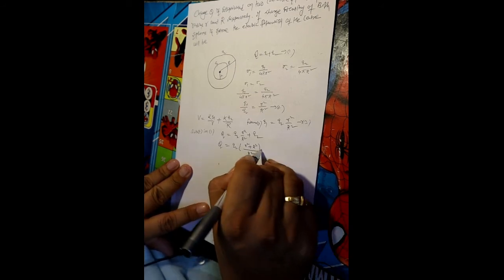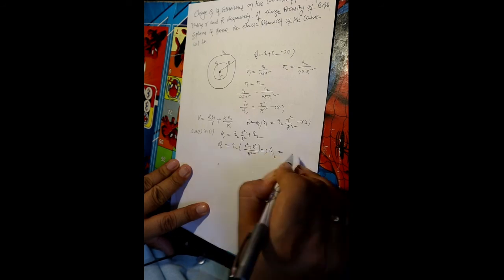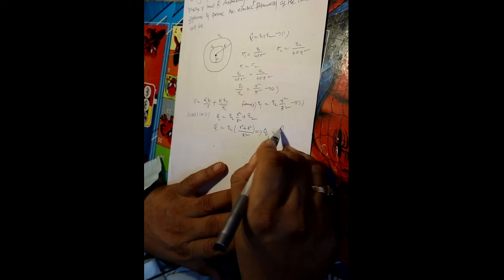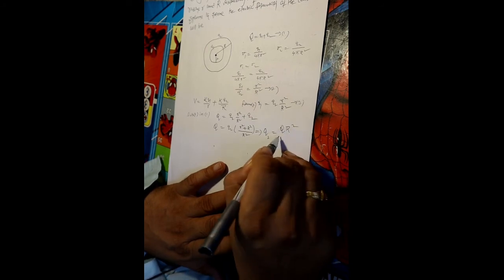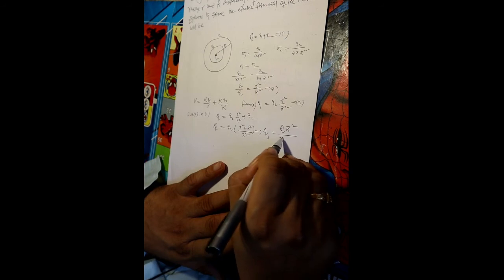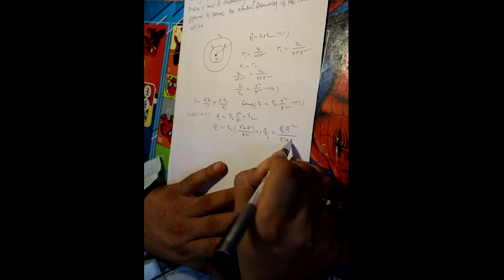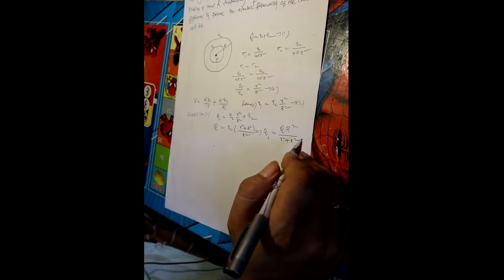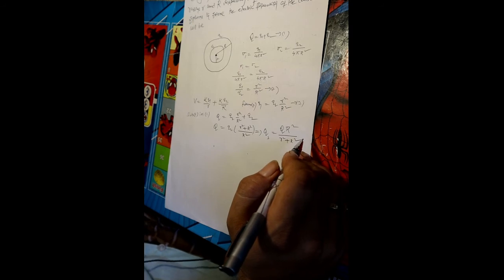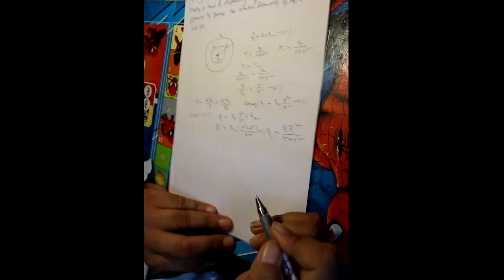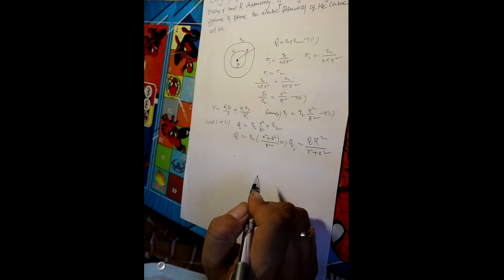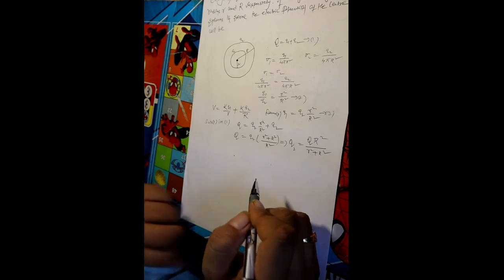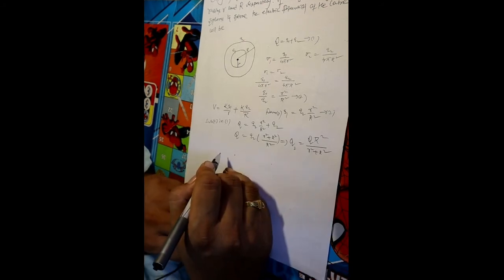Now that implies Q2 is equal to Q into capital R square divided by small r square plus capital R square. So now similarly we find out another value, Q1.